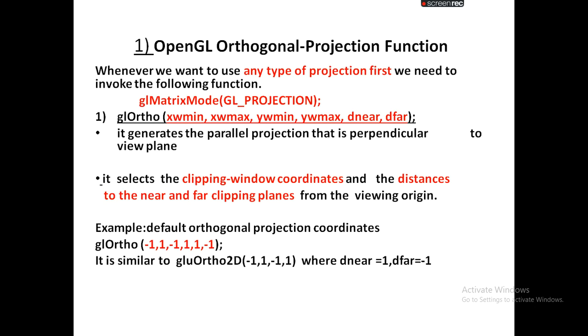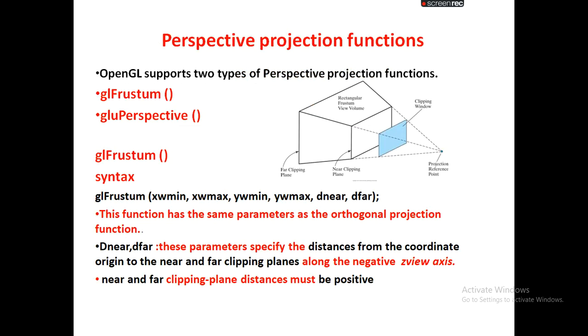It defines parallel projections in our OpenGL program. glFrustum is the second type of three-dimensional OpenGL function. It creates perspective projections. The third type is gluPerspective. It is also similar to glFrustum. It creates three-dimensional perspective projections.